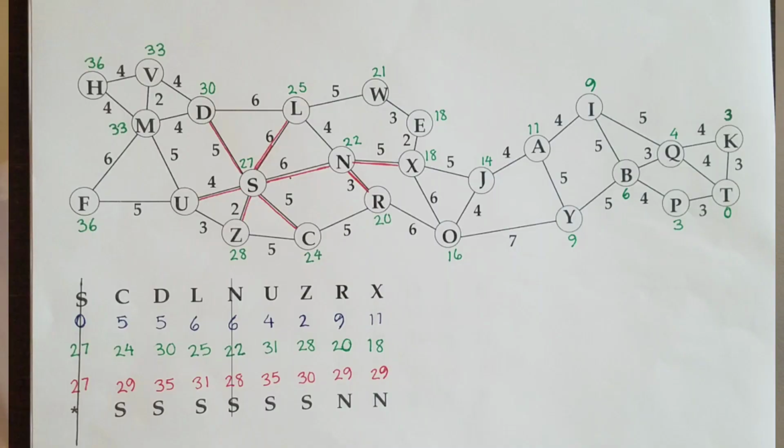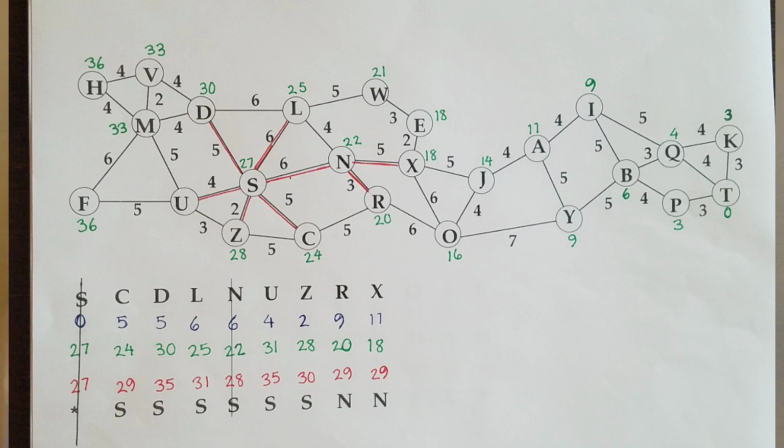Now, this particular diagram shows the structure after 2 steps. In the second step, we deleted the node which had the smallest value of the estimate, which is 28.